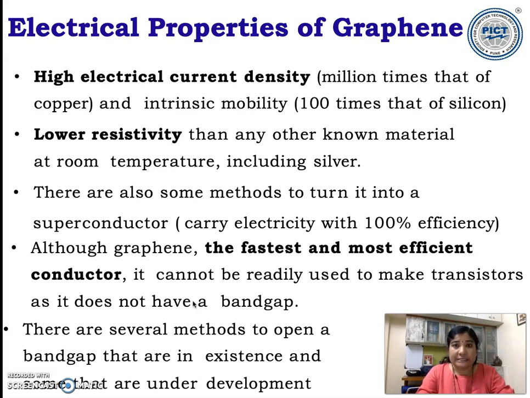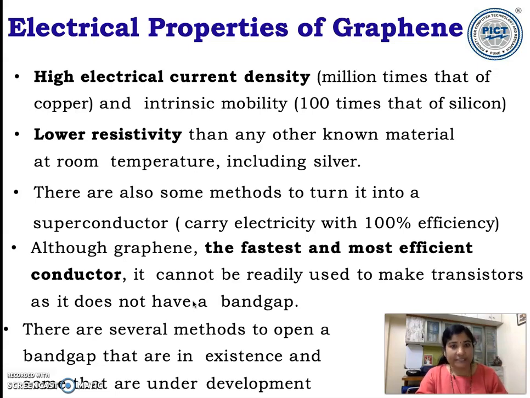Then as far as its electrical properties are concerned, it has high electrical conductivity, which is said to be a million times higher than that of copper. And even the intrinsic mobility is almost 100 times more than that of silicon.